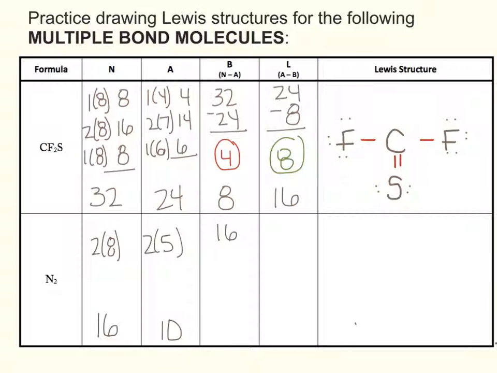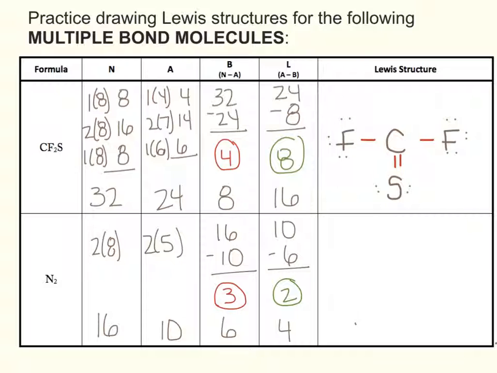We're going to take 16 minus 10, and remember that's going to give us the number of bonding electrons, but in order to get the number of bonds, we're going to divide that by 2. We're going to take 10 minus the 6 that we calculated, and that's going to give us 4. And in order to get to the lone pair number, we divide that by 2.